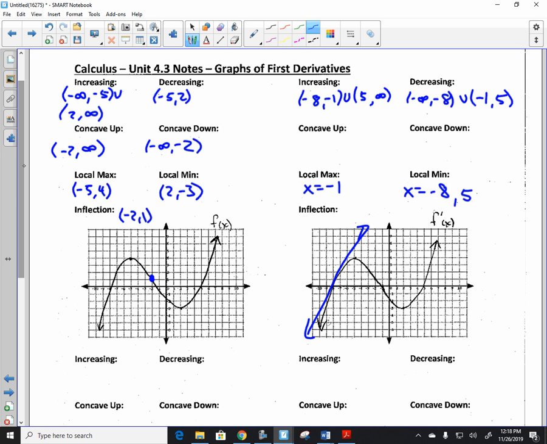So this represents the second derivative. It's the rate of change of the first derivative. So is this positive or negative? Is the second derivative positive or negative right here? It's positive. Is the second derivative positive or negative here? It's negative. See that?